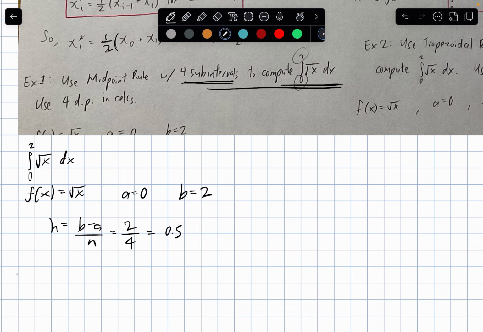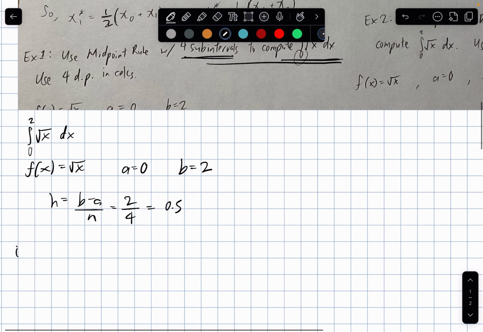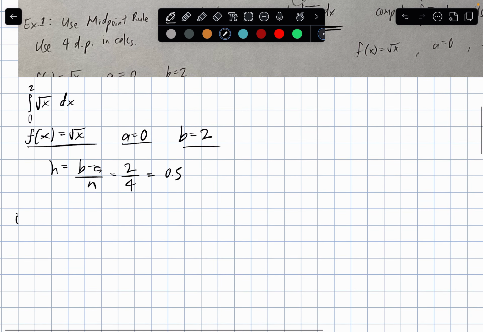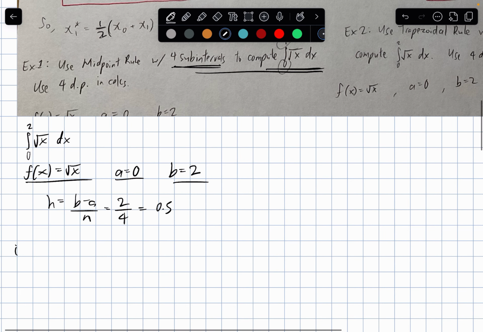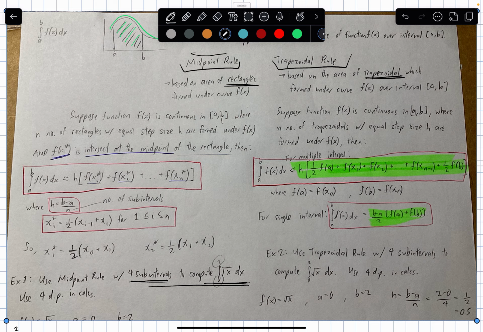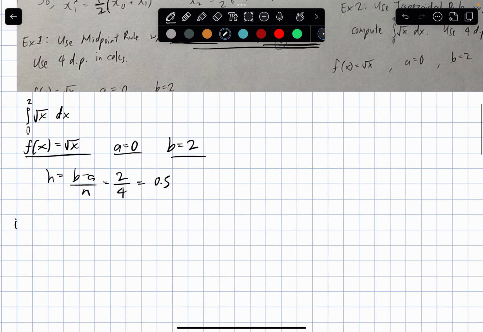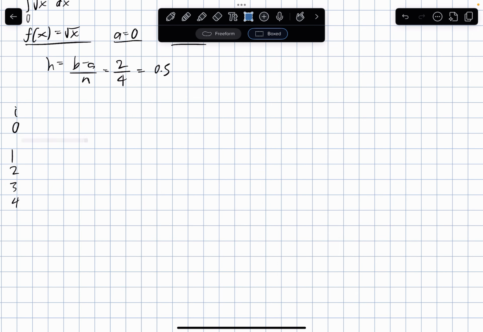Let us now go to the iterations. We have now identified our height, and we already clarified what our f of x is, as well as the a and b, the lower and upper limits respectively. So, how many iterations are we going to make? That depends on the number of subintervals involved. We always start with 0, then 1, 2, 3, and then 4. That's 4 subintervals.